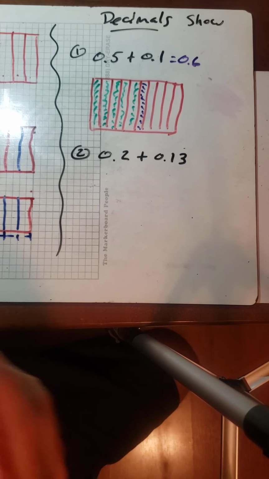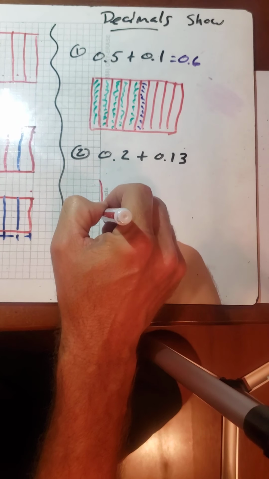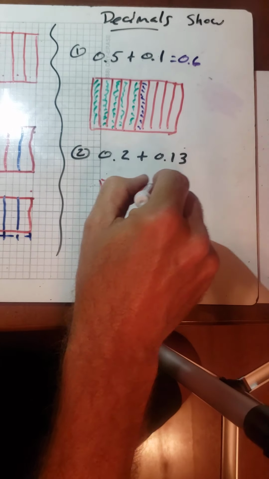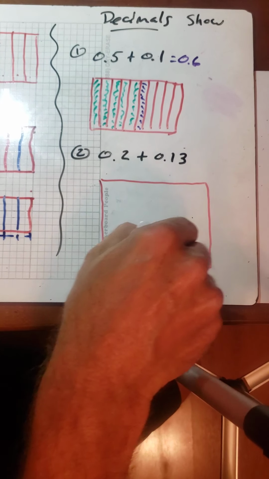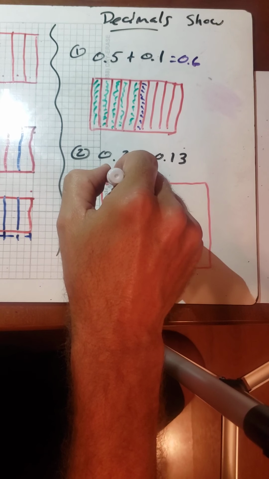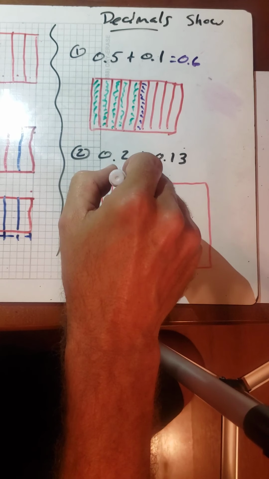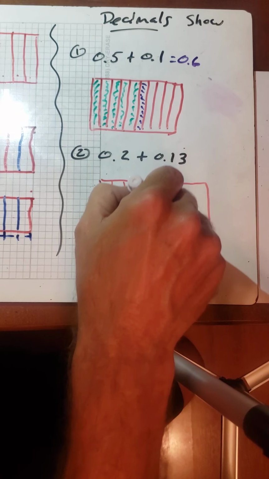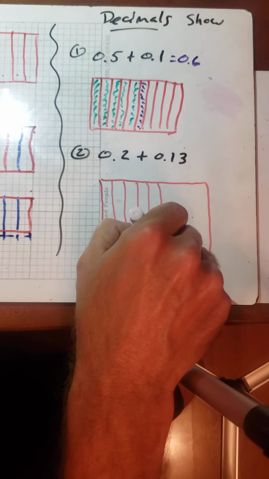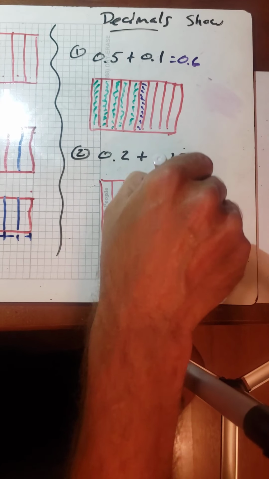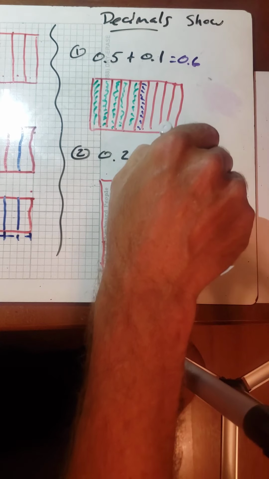So if I want to show this, what I'm going to do is I'm going to draw my shape like I said before. Make sure I'm on the board here. Yep, I am. Okay, so I'm going to go ahead and draw. So 1, 2, 3, 4, 5, 6, 7, 8, 9, and 10.